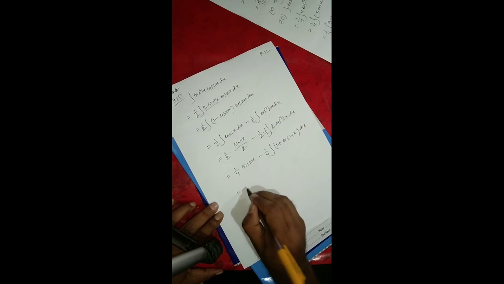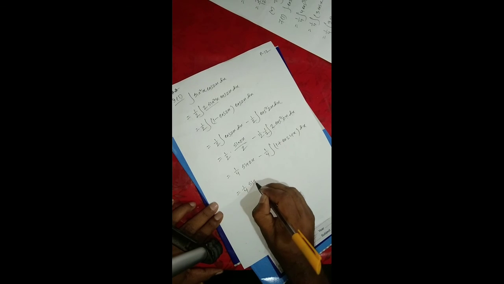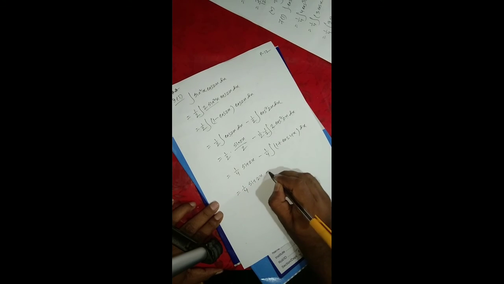Again the formula of 2 cos square a, here x, that means 2x, but 2 cos square a is 1 plus cos 2a. A, that means 2x, 2 times 2 is 4x, d of x. Now 1 by 4 sine 2x.